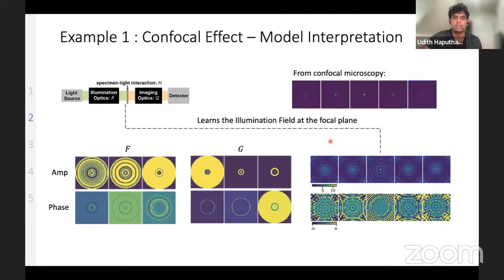Also, if I look into the imaging optics, we can see something like a pinhole there, in the image plane. So it might play the role of the pinhole.